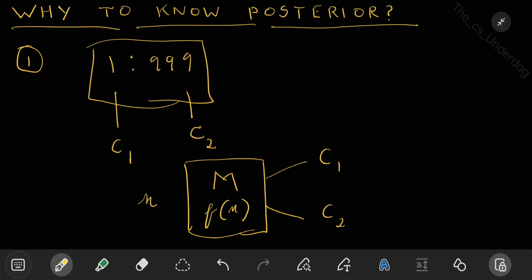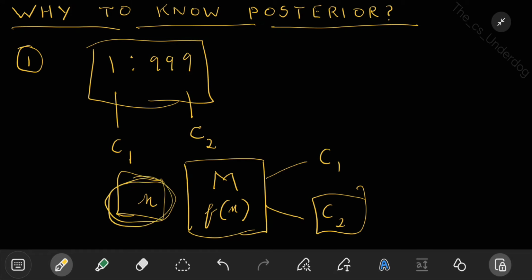Let us say you made this basic model without looking at the posterior. What if the model fools you and works such that whatever X you give, it will always tell you the output is C2? It is not applying any logic. It learned that for this particular dataset, because it is skewed, it will work this way. What will happen then?